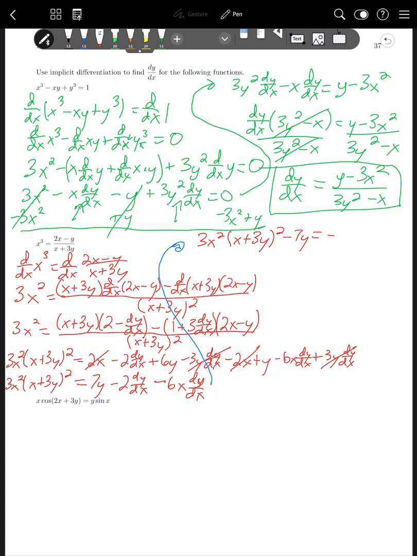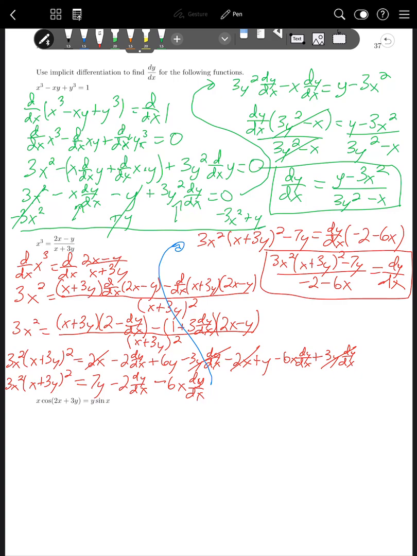Well, and we could actually factor out the dy dx here if we wanted to. So dy over dx times negative 2 minus 6x. And then just divide both sides by negative 2 minus 6x. So this will be 3x squared times x plus 3y squared minus 7y over negative 2 minus 6x equals dy dx. And there's the answer.